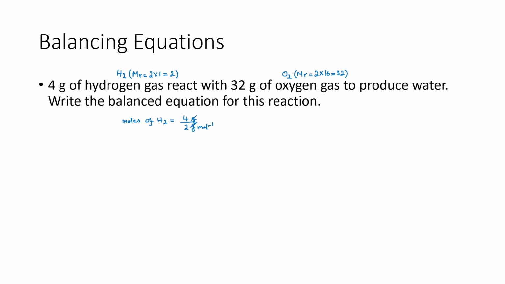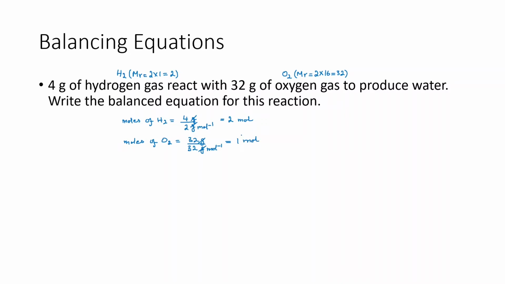Grams and grams cancel, and this becomes 2 moles. And moles of oxygen will be 32 grams divided by the molar mass, which you just found, which is also 32 grams per mole of oxygen molecules. So this becomes 1 mole.